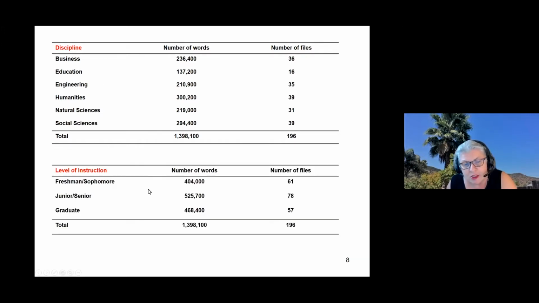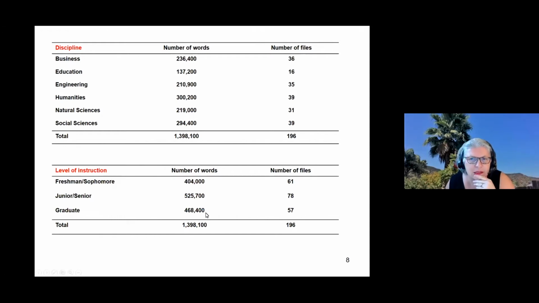If I slice that corpus in terms of level of instruction, we have low division classes, upper division classes and graduate classes. So we're going to see how discourse structure is different in disciplines and levels of instruction.